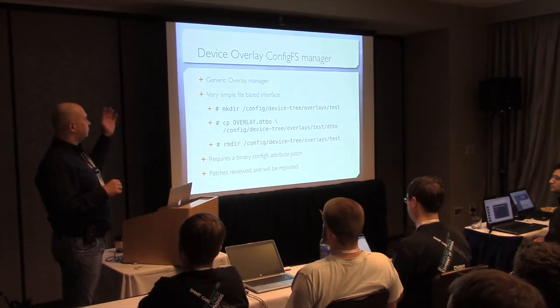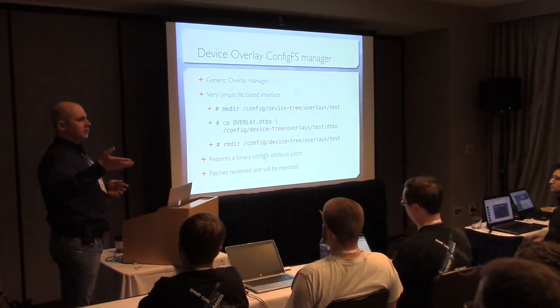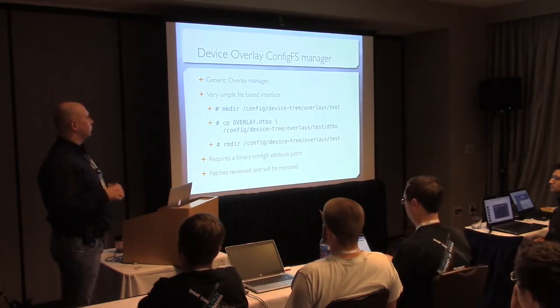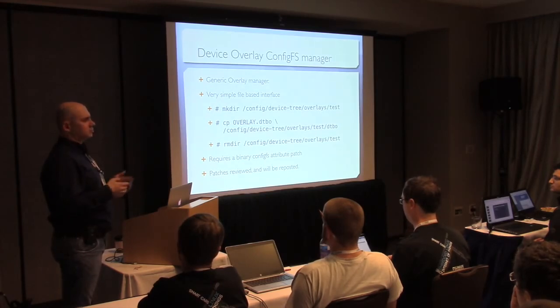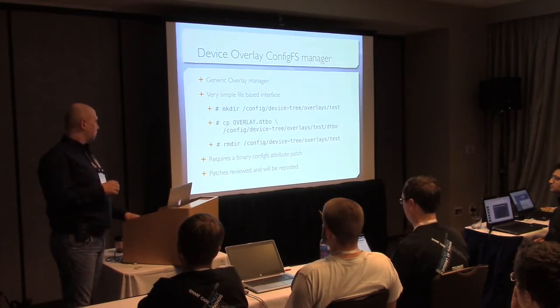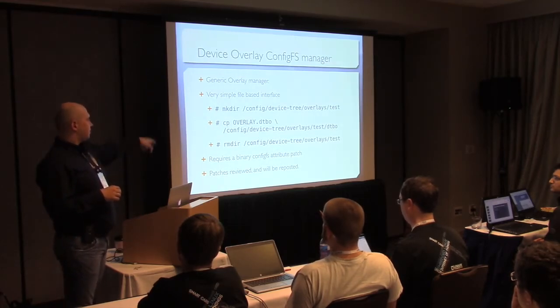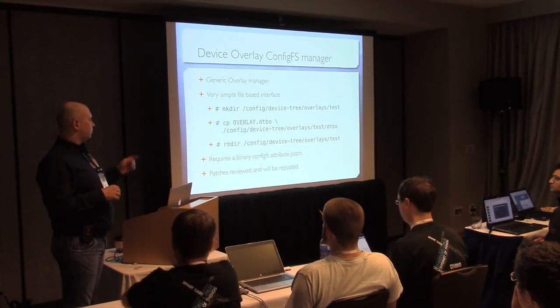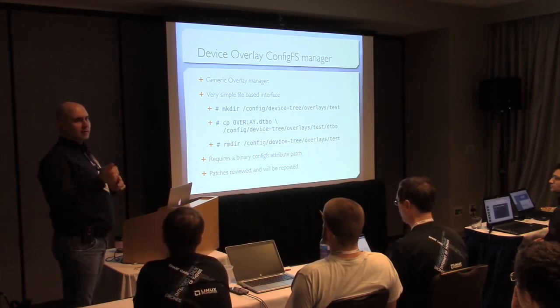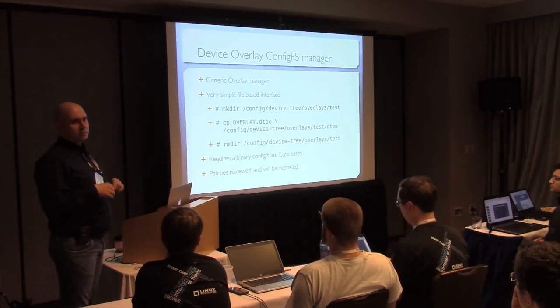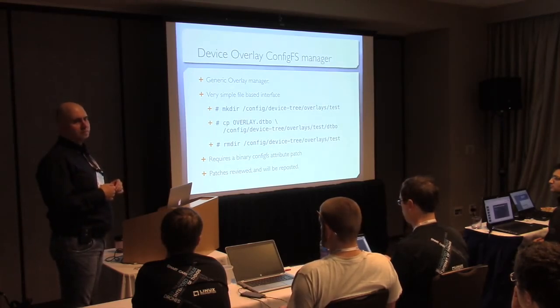Anyway, you just create a directory, you copy your overlay to a file, and that's it. You don't need to do anything else. The patch is dependent on a binary ConfigFS attribute patch, and I'm going to remove the request firmware method because I think this is more useful.